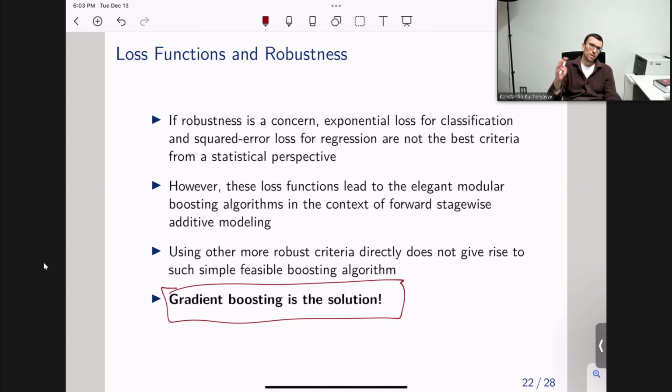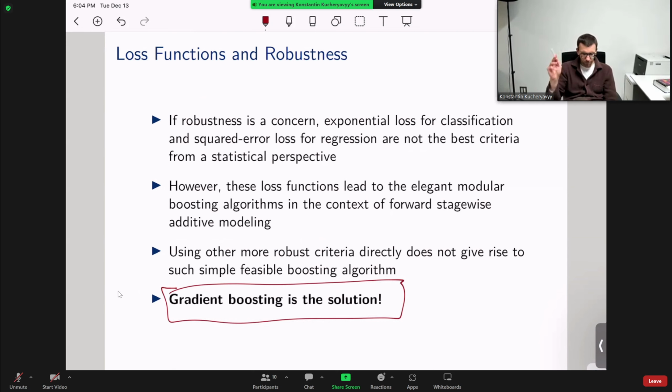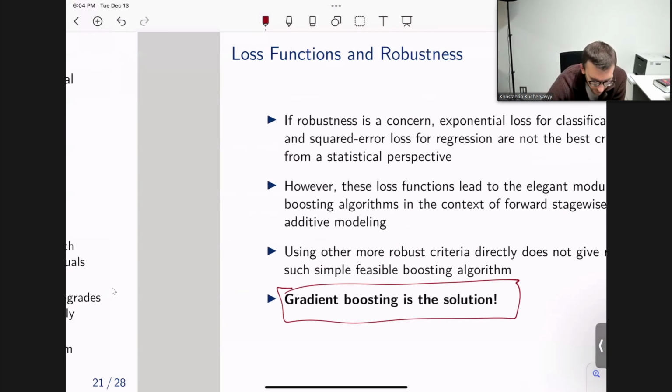And in the case of regression, quadratic loss might not be the best loss because of the outliers. And in general, we might want to consider different loss functions, both for classification and for regression problems.